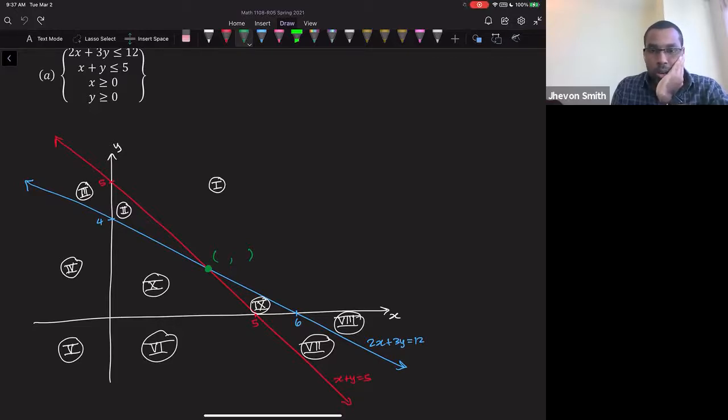The XY coordinates on that green point have to be able to do what? They have to be plugged into both equations. It has to work in both equations, right? Which means what do we need to do? Set them equal to each other.